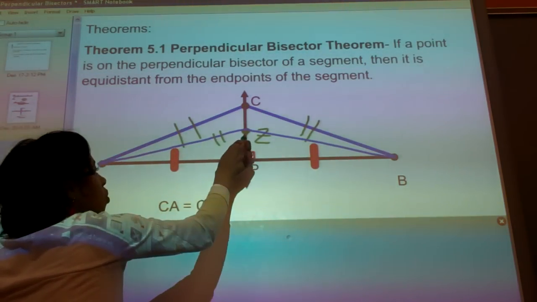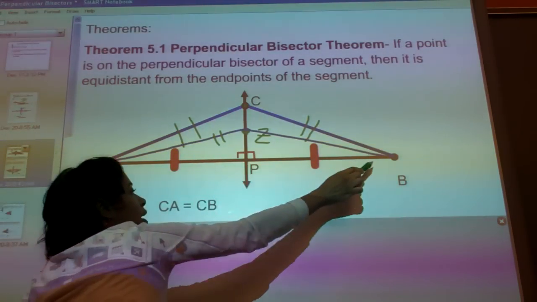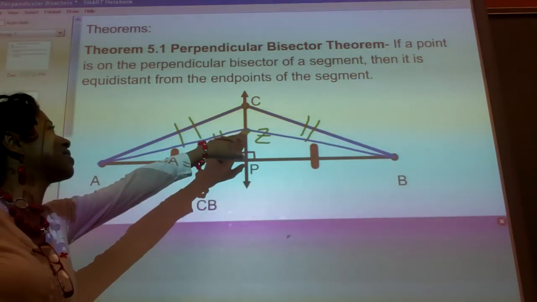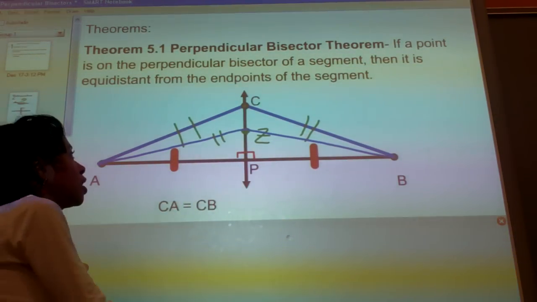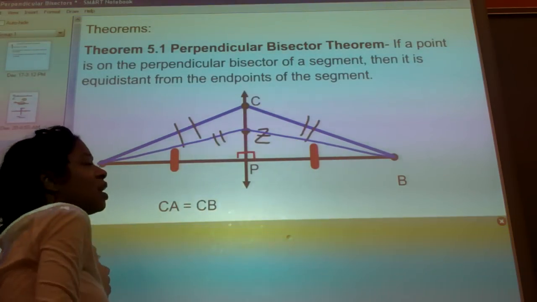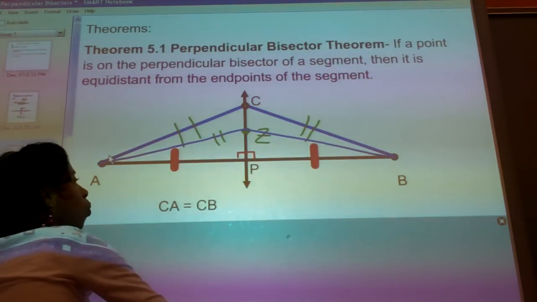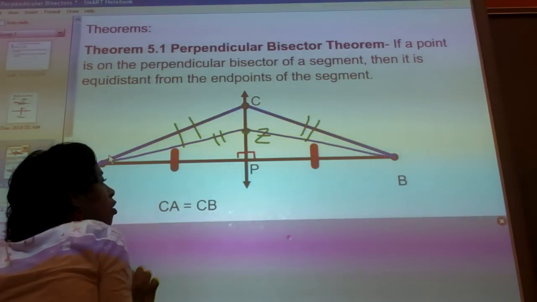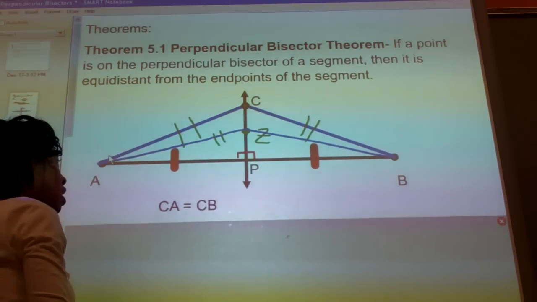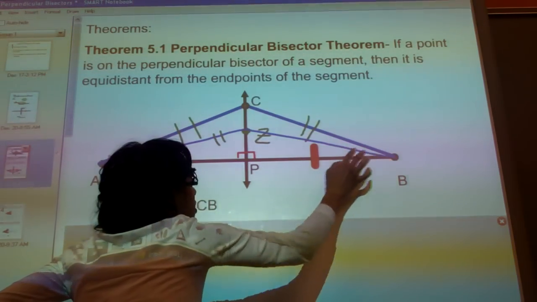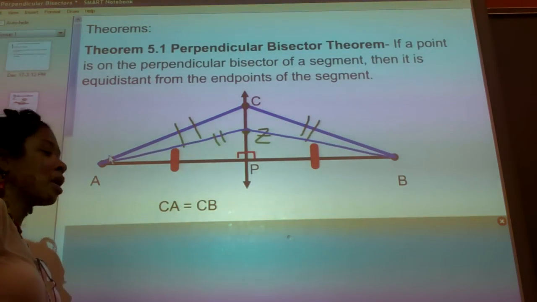ZA is congruent to ZB because point Z lies on the perpendicular bisector. It doesn't matter where I place the point on the perpendicular bisector. If I connect it to the two endpoints, the two new segments will be congruent.